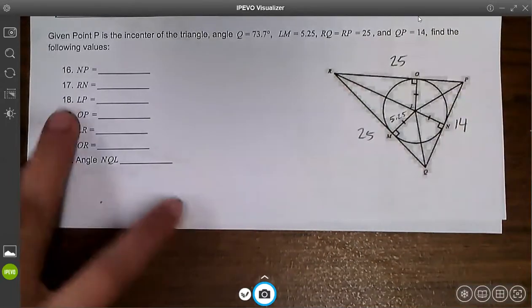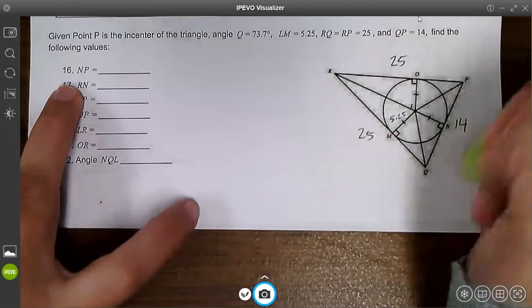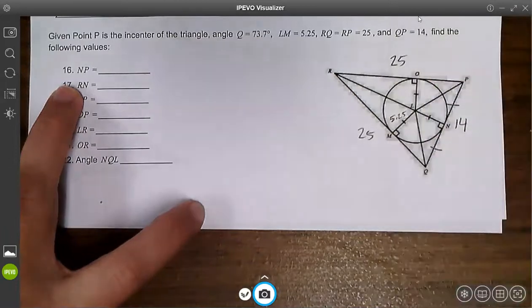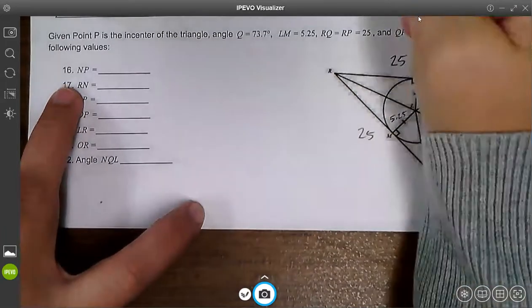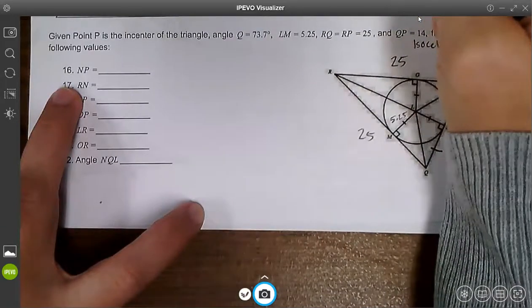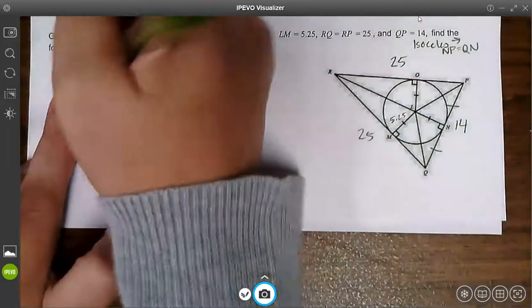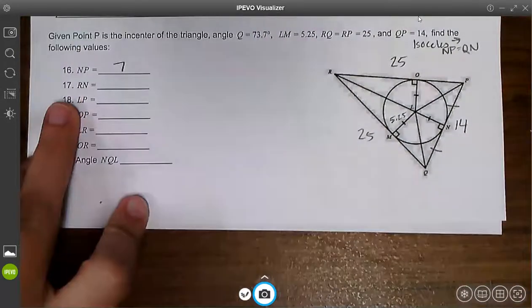So NP, because this is an isosceles triangle, the angle bisector bisects this side only because it's isosceles. So NP equals QN, so NP is half of that, which is 7.